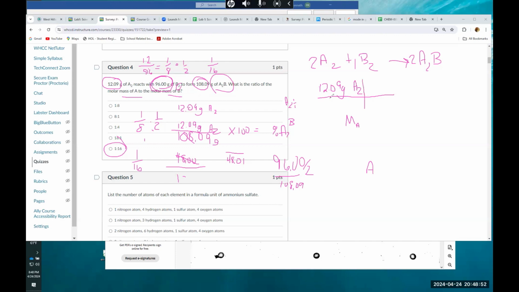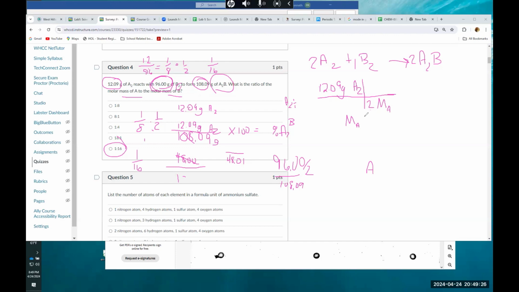Now, we're talking about its molar mass of A. The molar mass of A is going to be different, since this is 12 grams of A2. So we're going to divide this number by that molar mass times 2, because it's 2 molar mass of A. Okay.